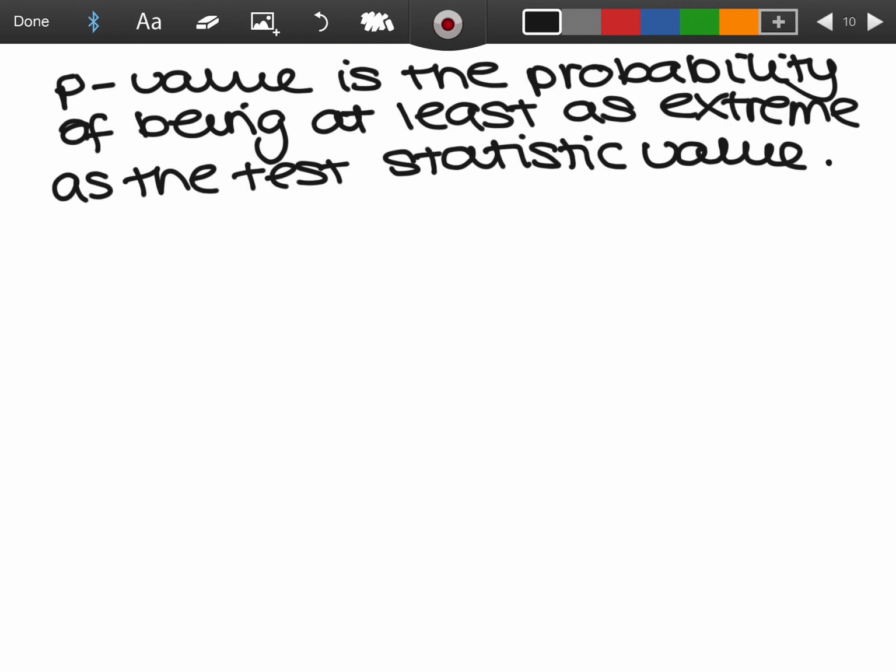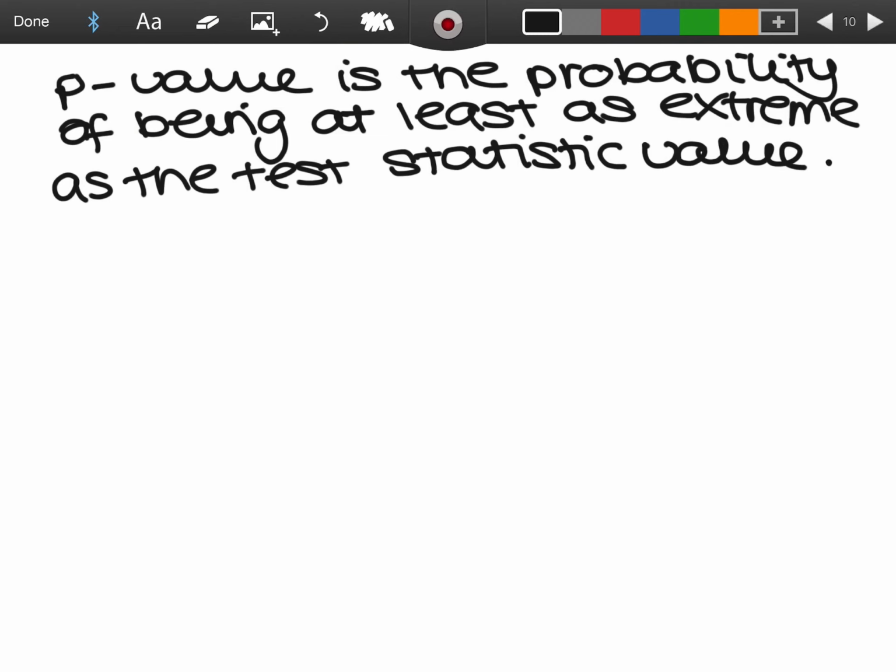Now, because of that, think about that significance level alpha. We computed a critical value based on what our significance level alpha was. So we computed either a Z1, or a Z1 and a Z2 if it was a two-tailed test, and that was all based on the value of alpha.